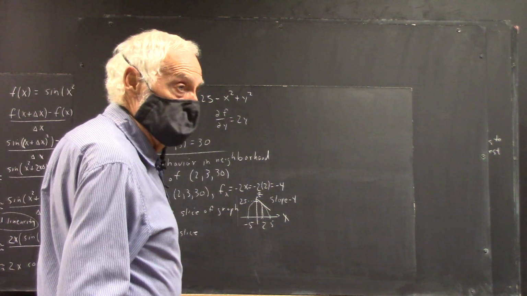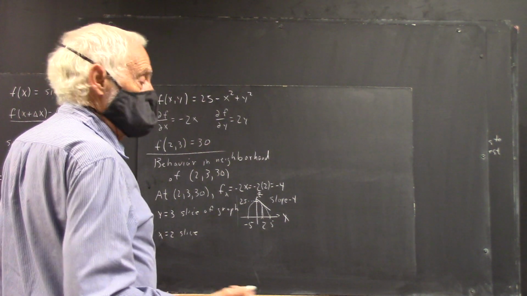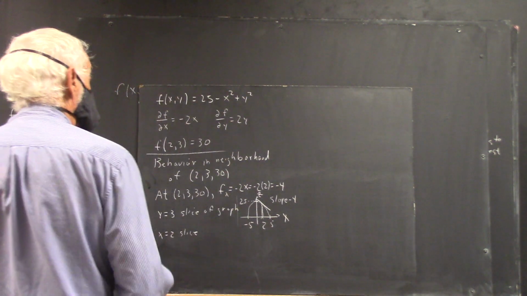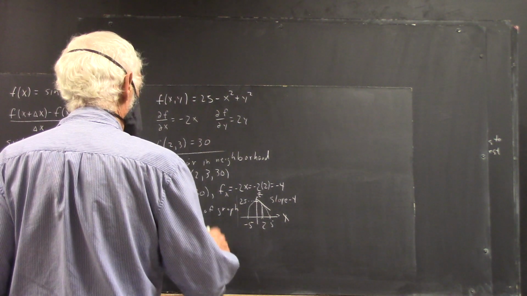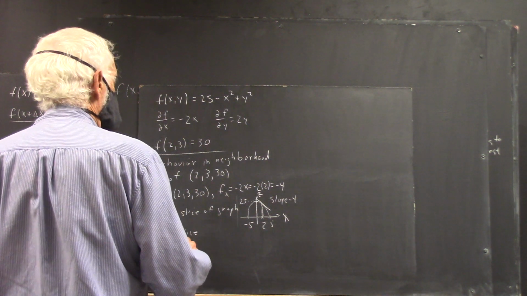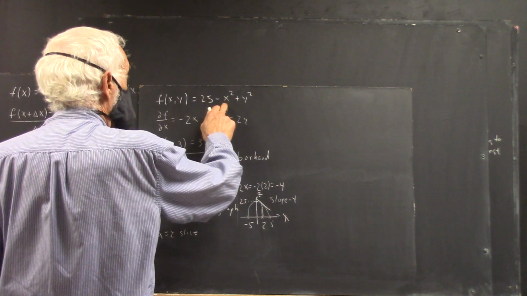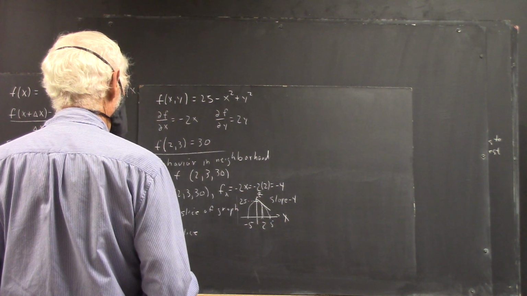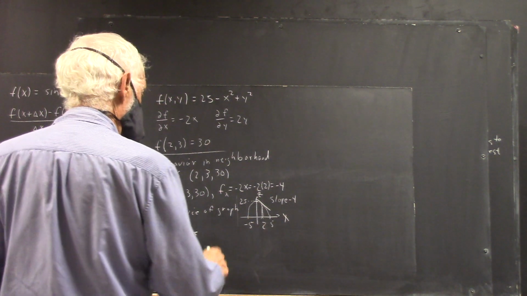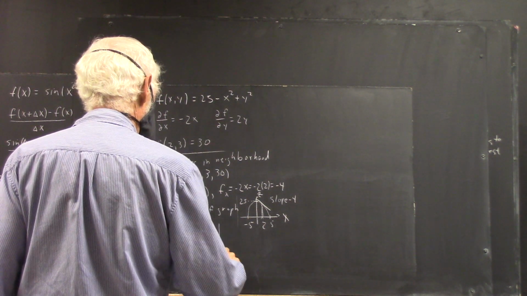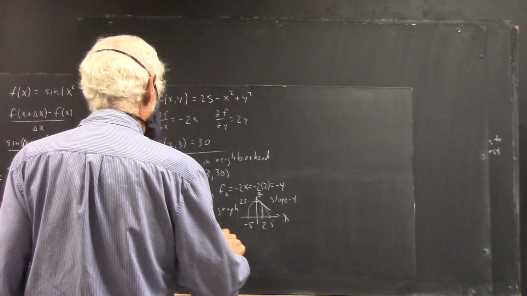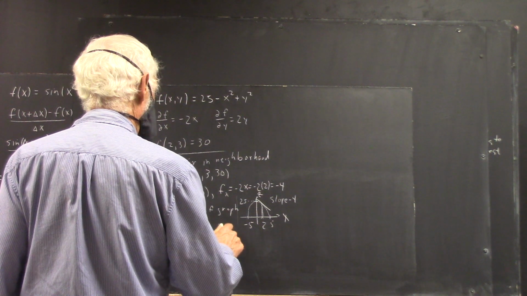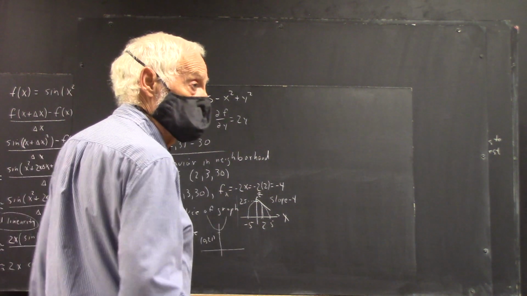We've done a fair amount of that, so you want to maybe look back at your notes or videos and get the picture. And the x equals 2 slice, again, if x equals 2, that's 4 there, and 25 minus 4 is 21 plus y squared. So you have the point (0, 21) here, plus y squared.